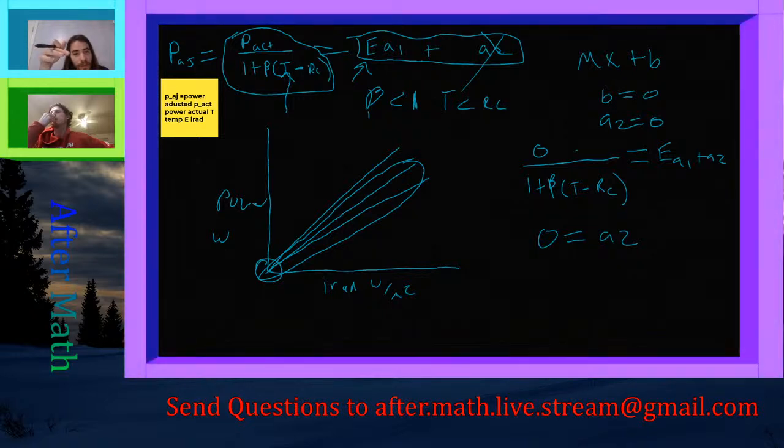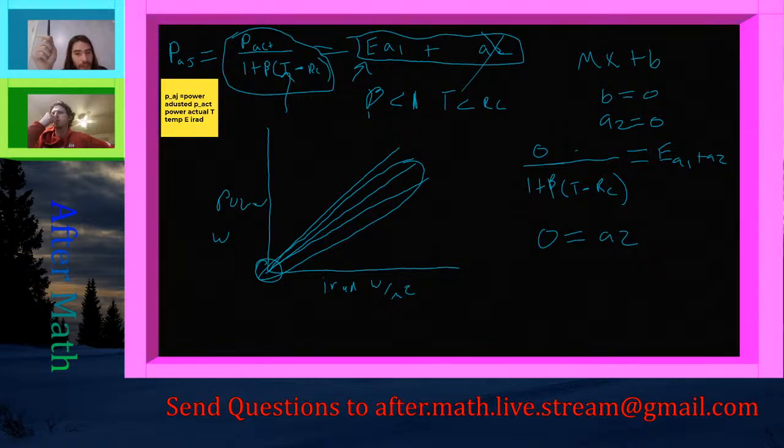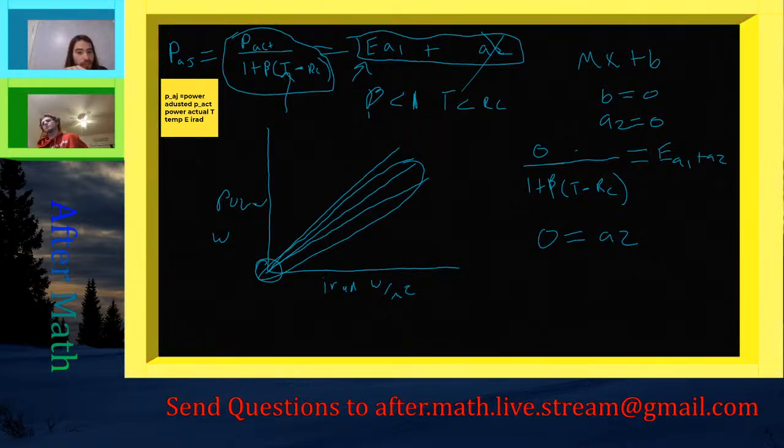So somehow a linear function that is just a function of E is becoming a function of E and T.